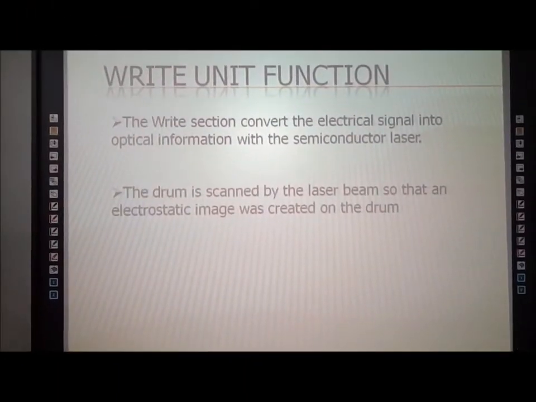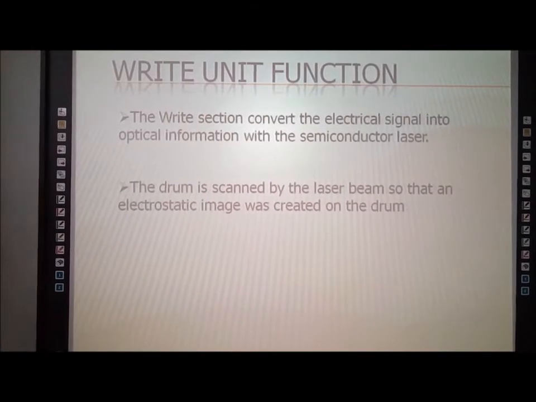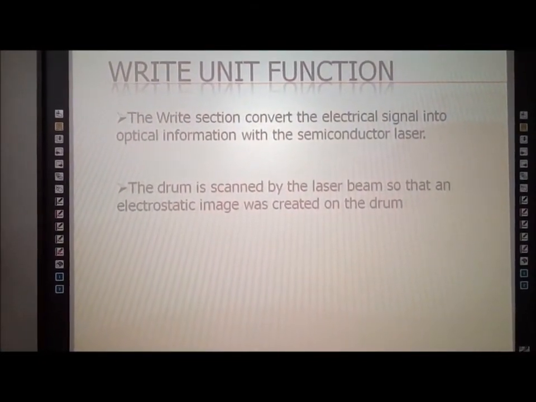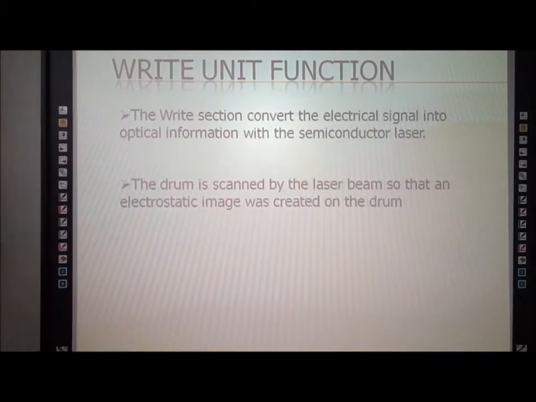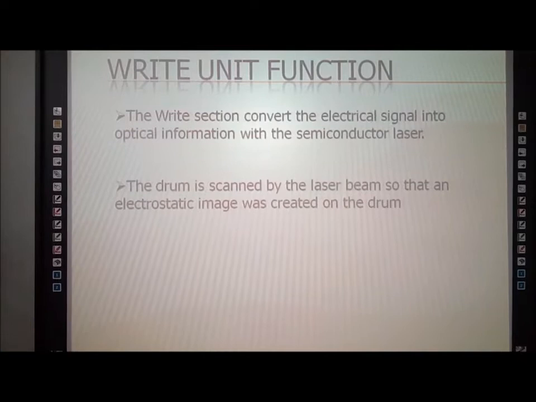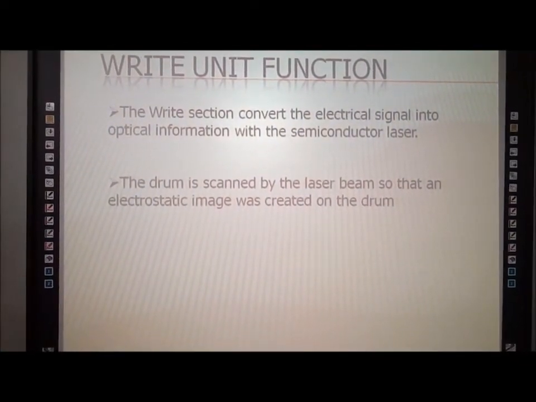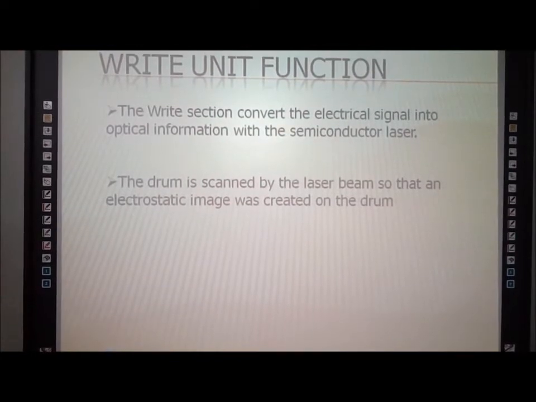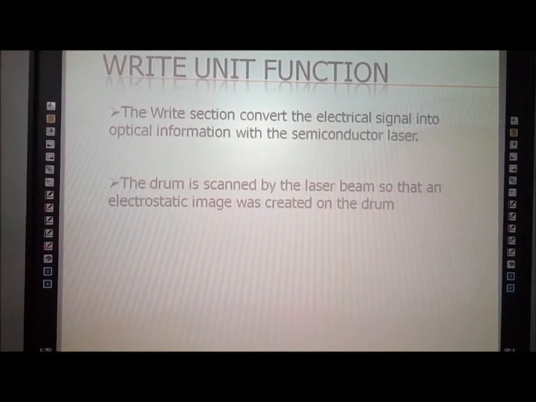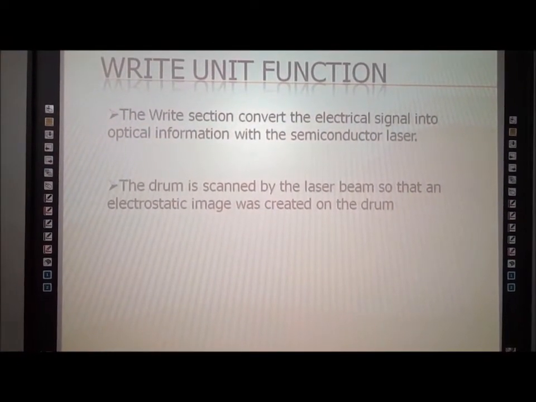Before we discuss the parts of the write unit, let's discuss first the function of the write unit. On the board, the function of the write unit is to convert the electrical signal into optical information with the semiconductor laser diode.